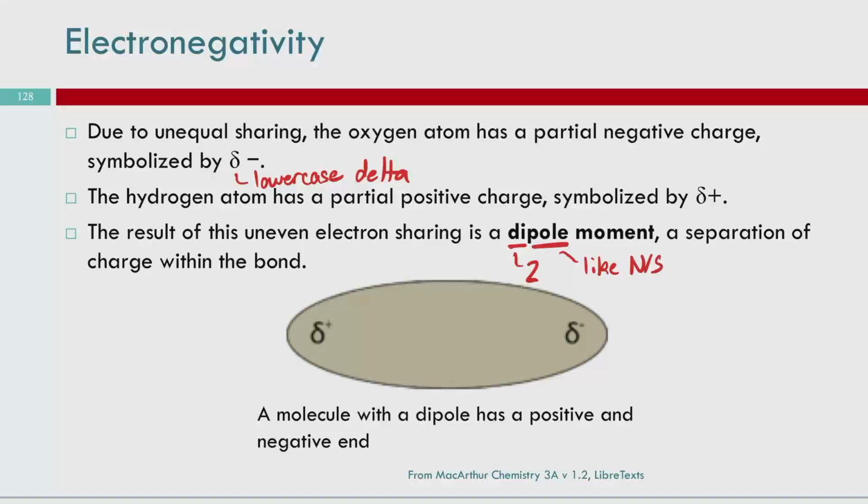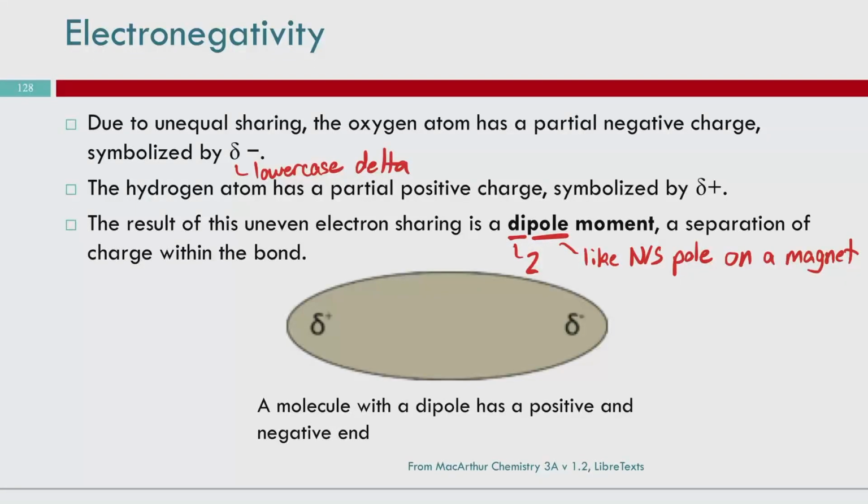like north and south pole, where Santa and bears live, respectively, but also on a magnet. You may know that magnets often have one side that's positive, one side that's negative. We call those north and south poles sometimes. So we get a dipole moment, we have a small magnet moment.